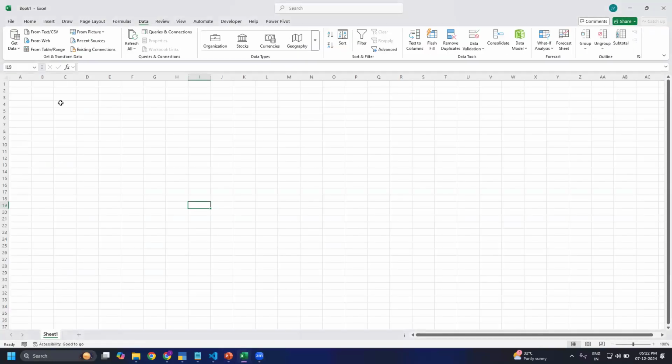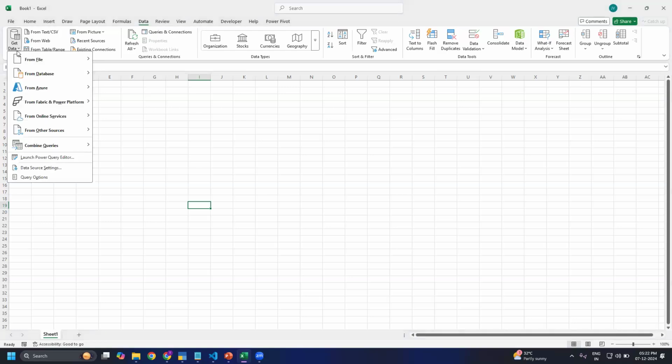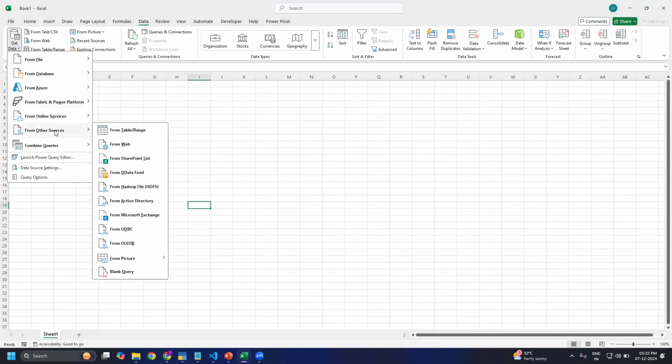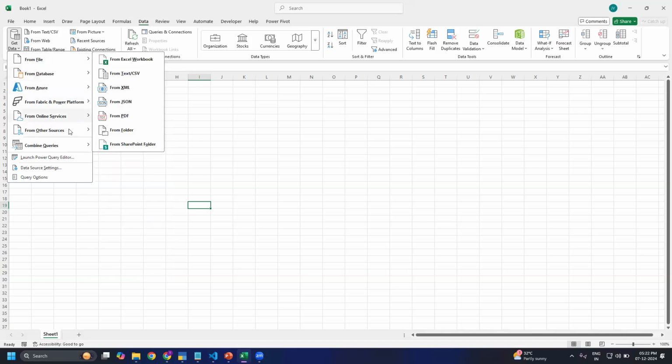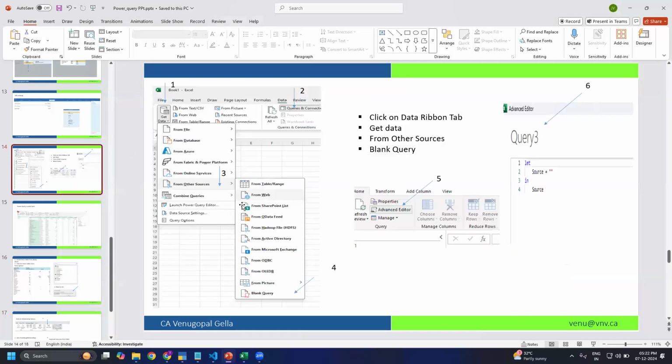So here we have to click on Get Data. When you click here, we will get multiple options. First one, Get Data. It is in Queries and Connections, and we have to go through From Other Sources. In other sources, we have the last option called Blank Query.